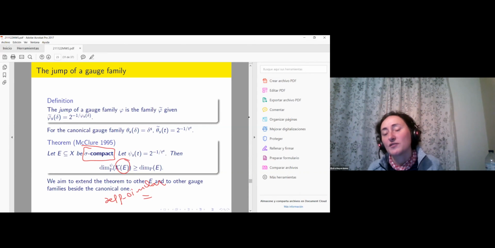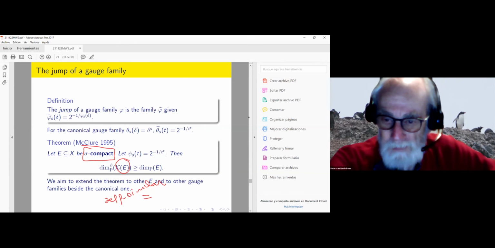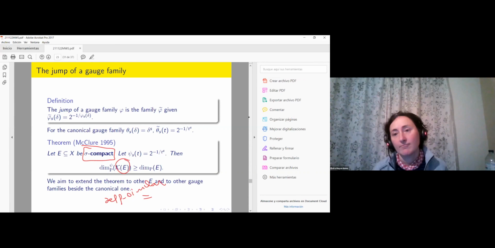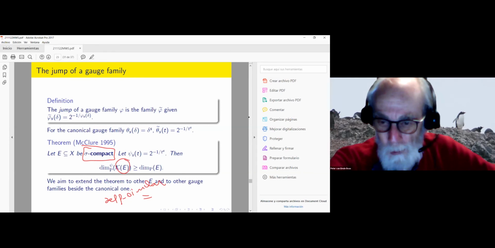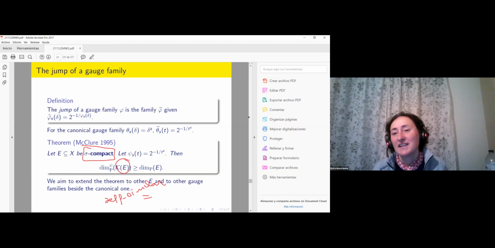Point to set maybe because you get some sort of characterization of the dimension of the set in terms of the dimension of the points. And that is also related to the fact that you're using these approximations. Otherwise, I don't see how it could ever work.